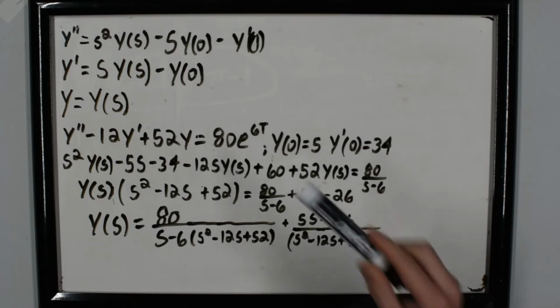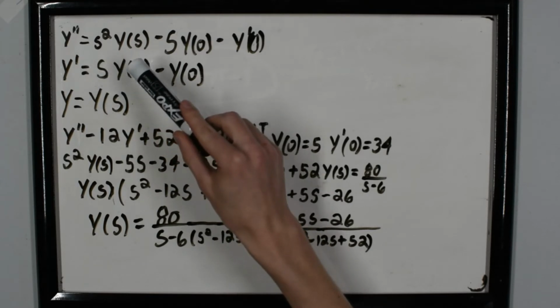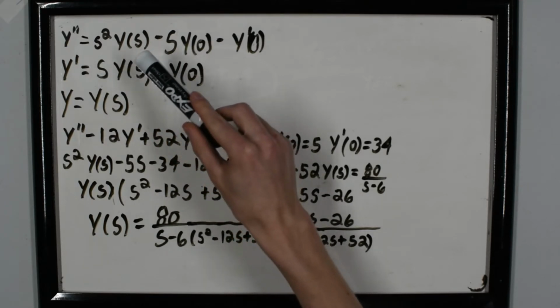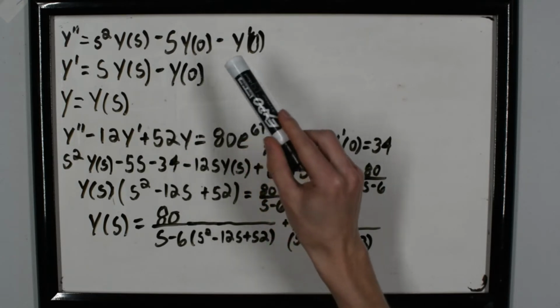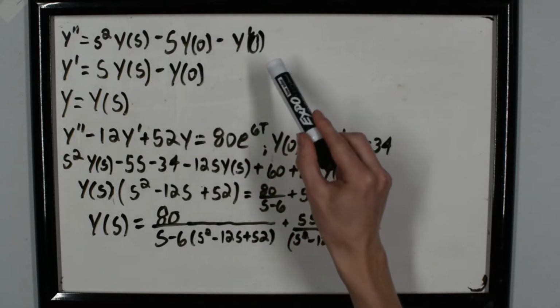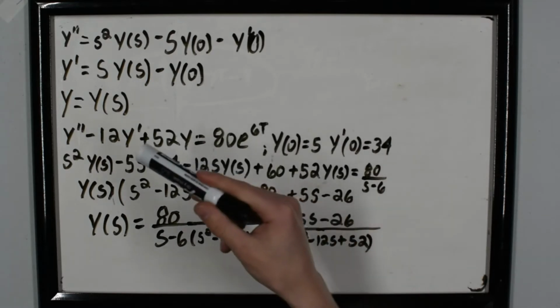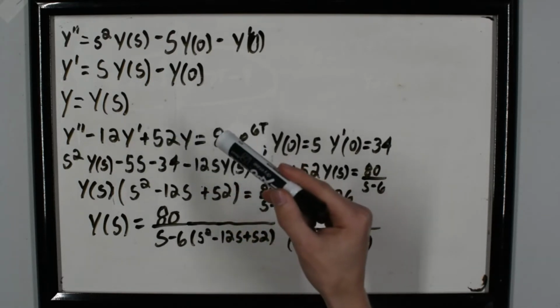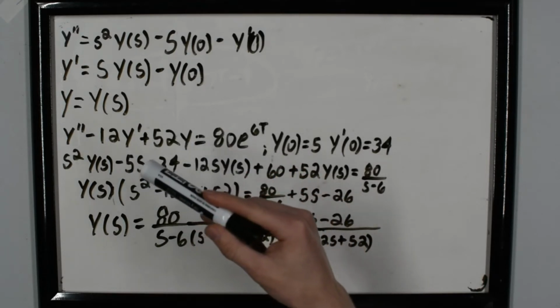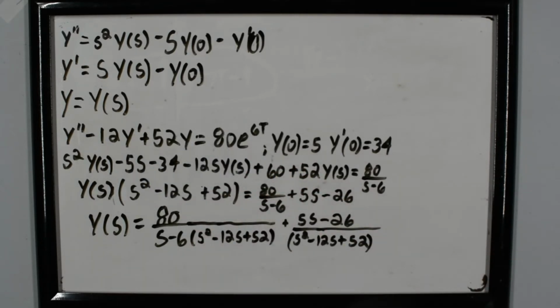These properties state that y double prime is equal to s squared Y of s minus s y at 0 minus y prime at 0. Y prime is equal to s times Y of s minus y of 0, and y is equal to Y of s.